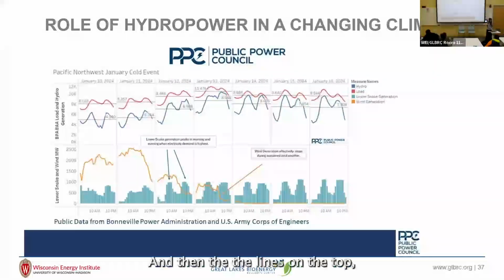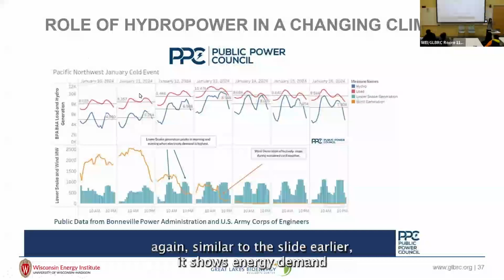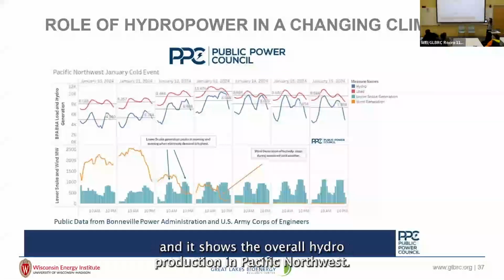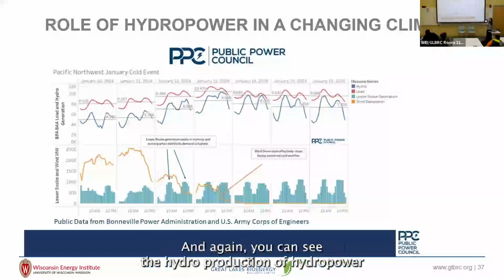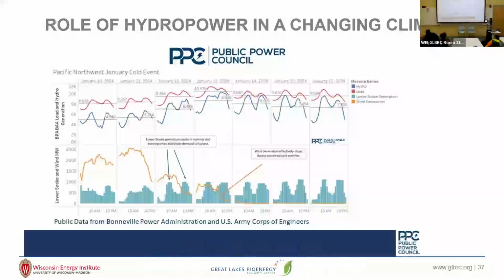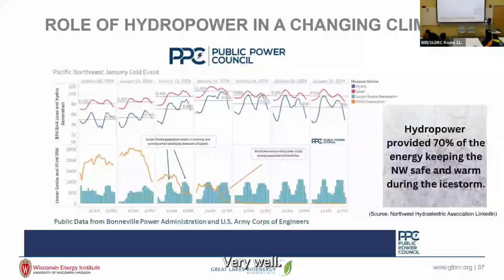And then the lines on the top, again, similar to the slide earlier, show the energy demand and the overall hydro production in Pacific Northwest. And again, you can see the hydropower during that time was matching the grid requirement very well.